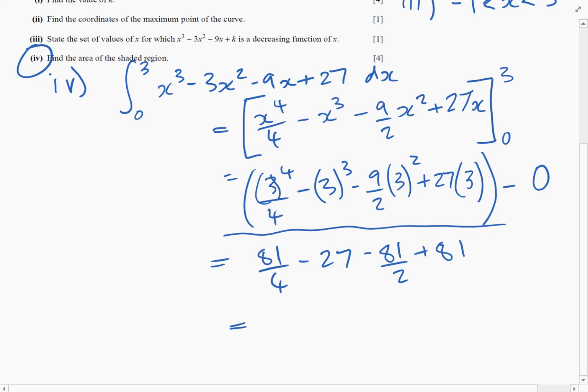And if you haven't already typed it all into calculator, I probably would now and see what you get. You should get 135 over 4, or as a decimal, it's 33.75, but I would just leave it as 135 over 4. That will be fine.